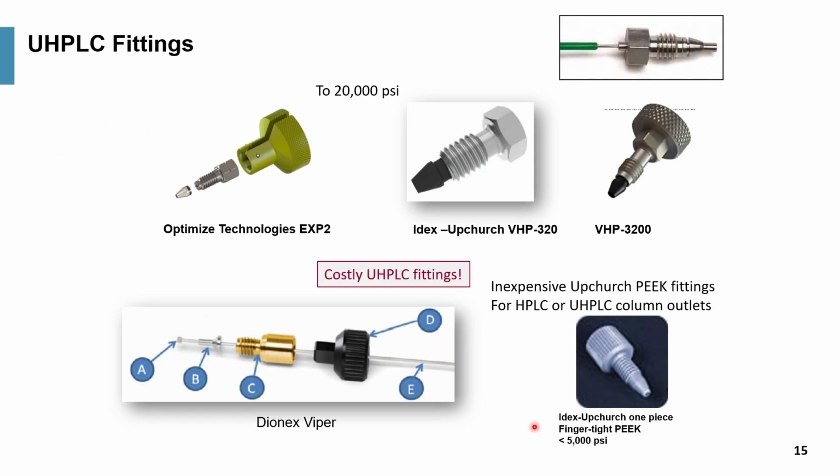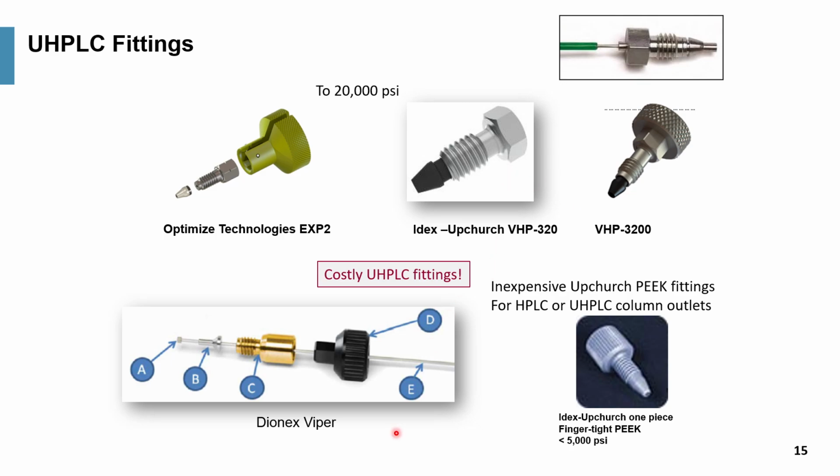Here's a listing of useful UHPLC fittings. The best choice is mostly the one which is finger-tight compatible, shown here the Optimized Technology and the IDEX Optimum VHP 3200, which is finger-tight. This one is wrench-tight.